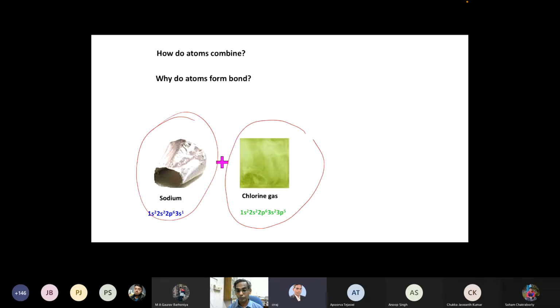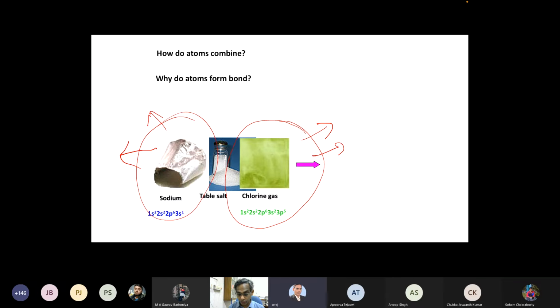Now these two are practically not usable for practical applications, though of course you use them for different purposes. This is a fire hazard. This is toxic. Now I take the sodium and the chlorine gas and combine them together.